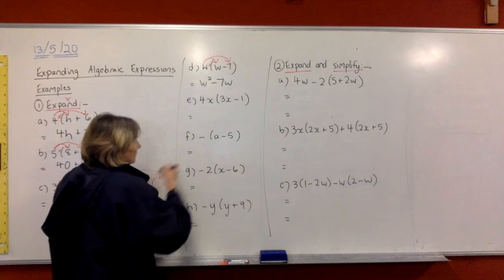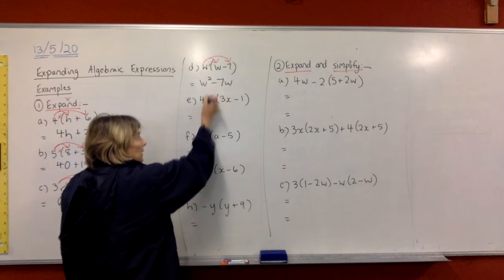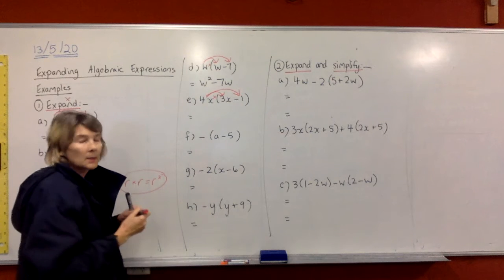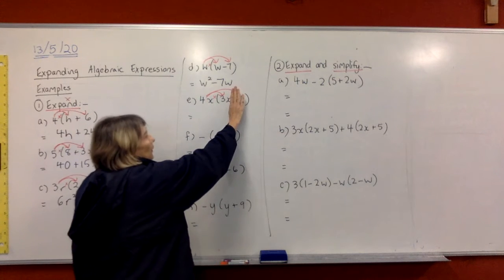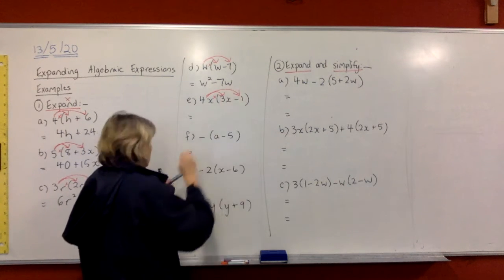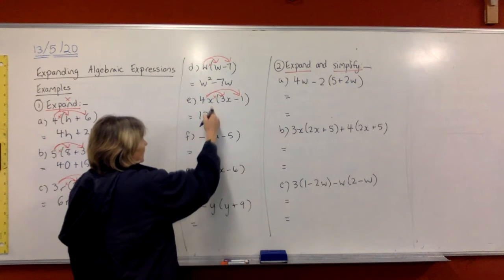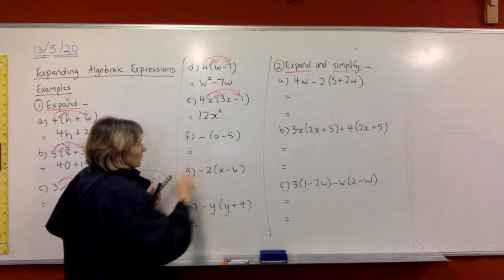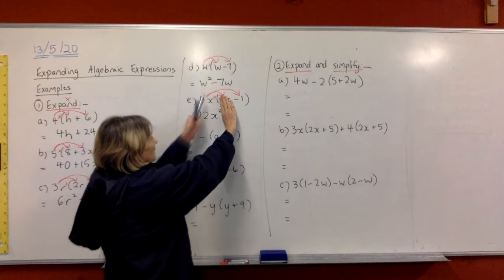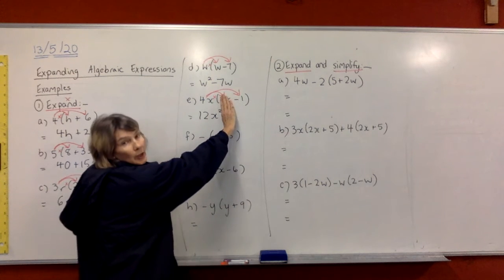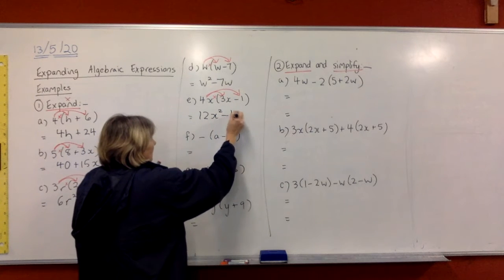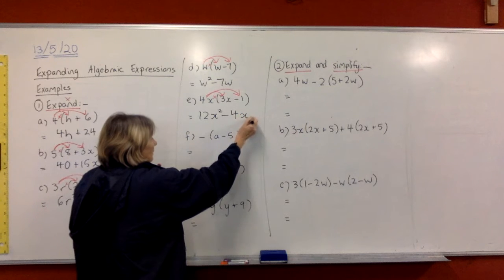In the next one, we have 4x times the two terms in the brackets. Let's do the first one. 4x times 3x is 4 times 3 is 12. X times x is x squared. Then the next bit, cover that up. 4x times minus 1, use your calculator. 4 times minus 1 is minus 4. And put the x on the end.